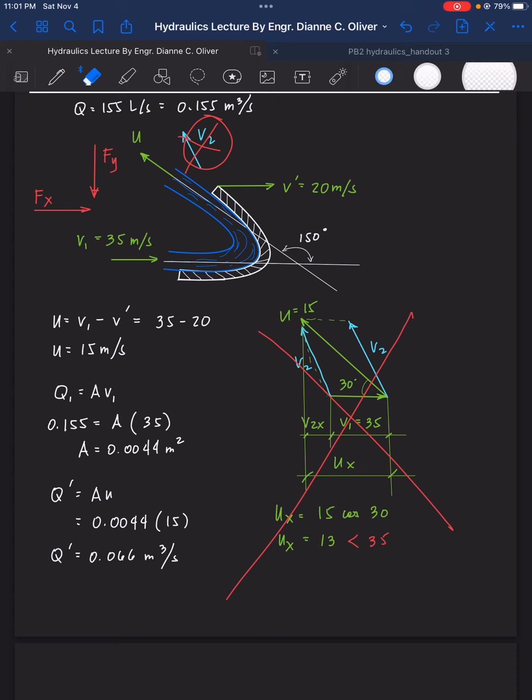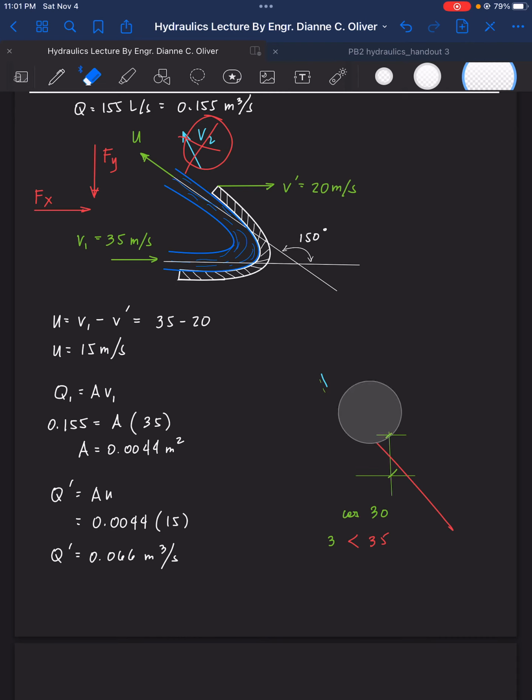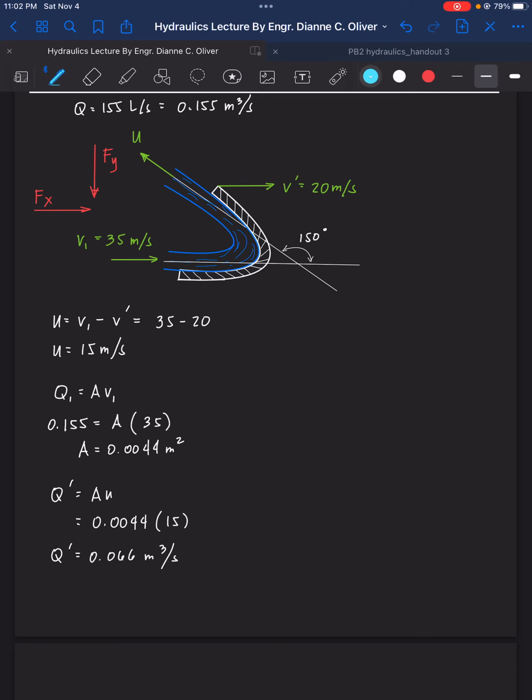So we will now move this in the correct direction. Therefore, our V2 is actually in this direction.